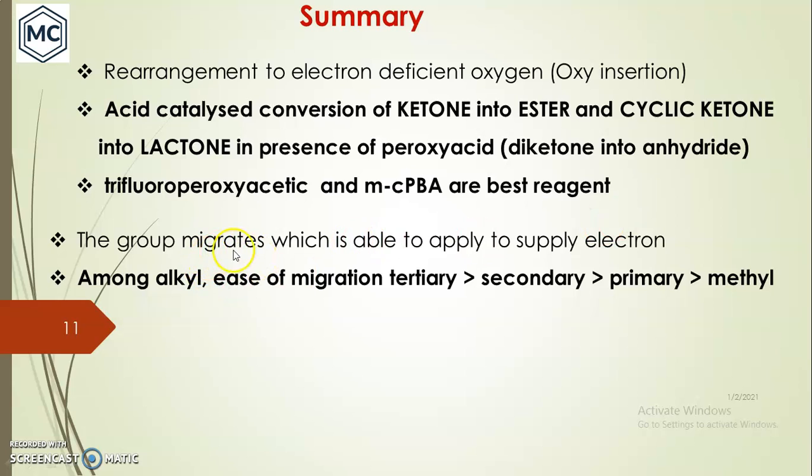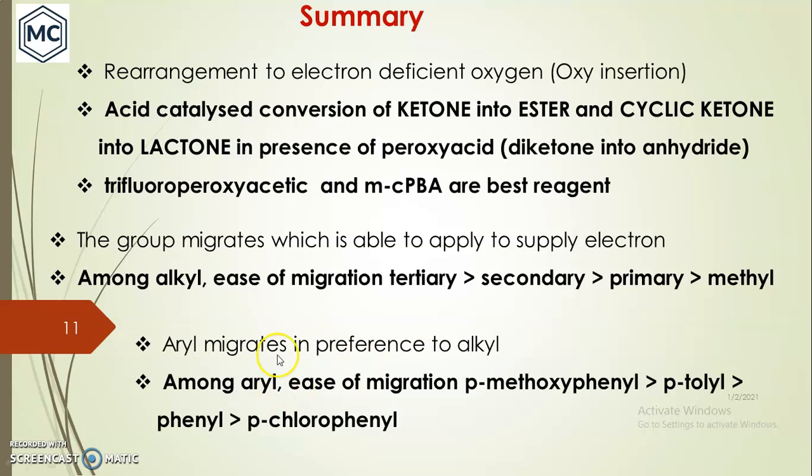And the migratory aptitude is like this. Usually the group that migrates is the one able to supply more electrons. And among alkyl, the ease of migration is like this: tertiary has more migratory aptitude than secondary, which has more than primary, then methyl.